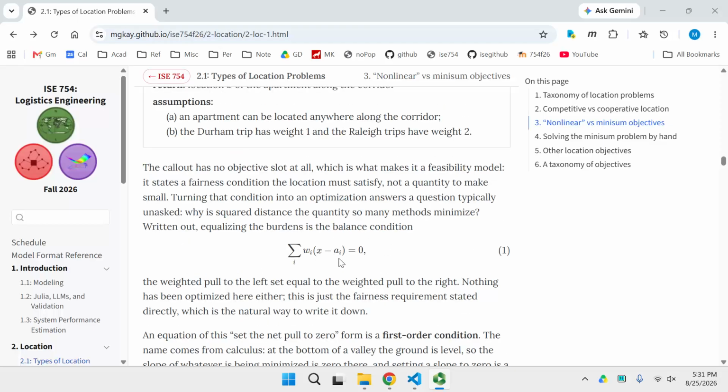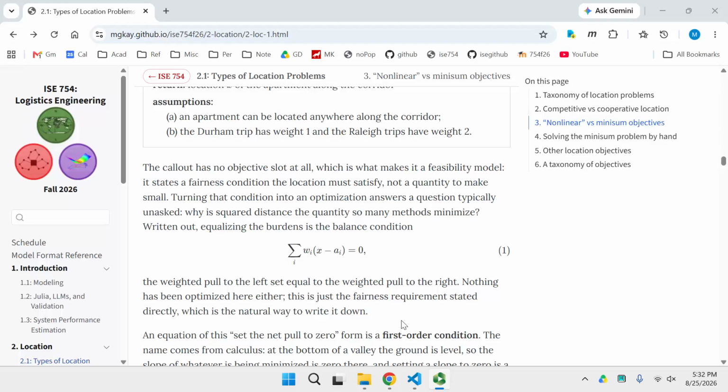One way of looking at the equity condition is to state it this way, where we want the net difference to sum up to 0. So basically everybody travels the same total distance. Doing that is specifying the first order condition, that net distance adds up to 0.